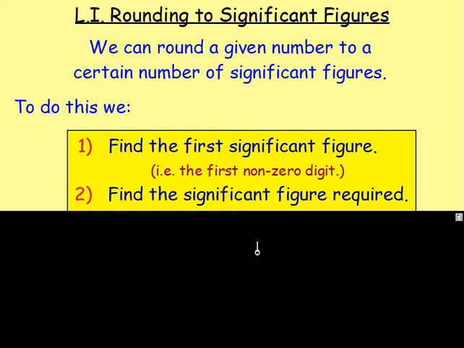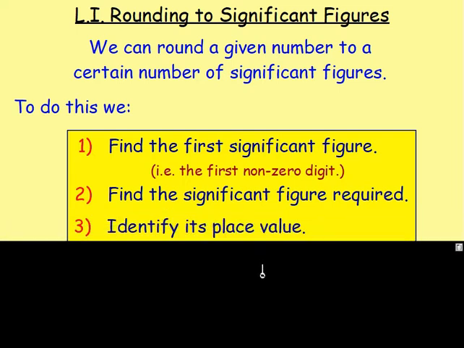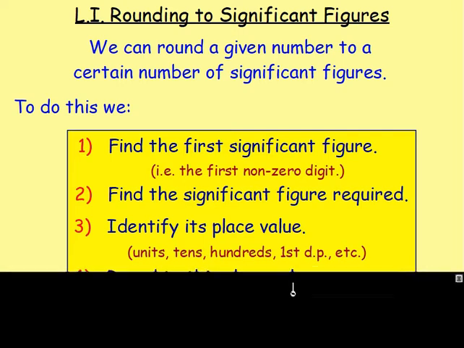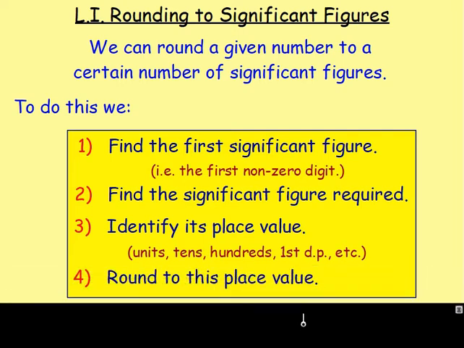What we then do is we look for its place value, and what I mean by place value is think back to primary school with your units, your tens, your hundreds, your tenths, hundredths, and so on. I'm just going to call it first decimal place, second decimal place. So identify which column that is in, and then round that number to that place value. So let's try a few examples with that.